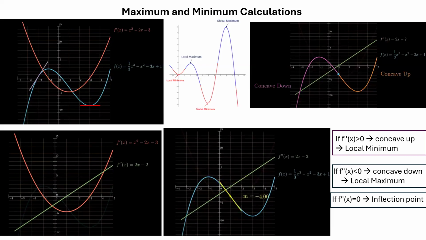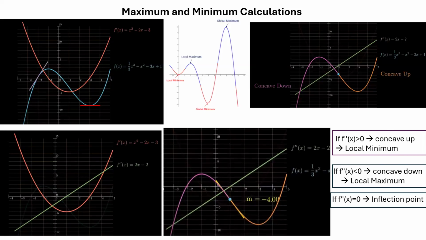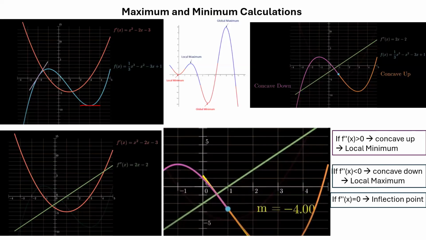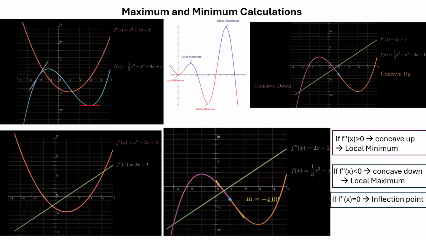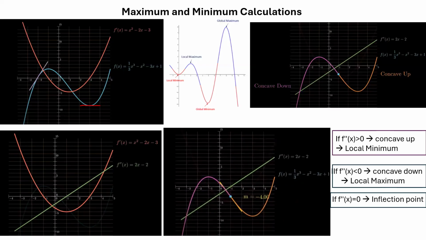Now from here, where the double derivative is equal to 0, look at this. At this point, the double derivative is equal to 0, right? After that particular point, the slope will keep on increasing. Understood, right?